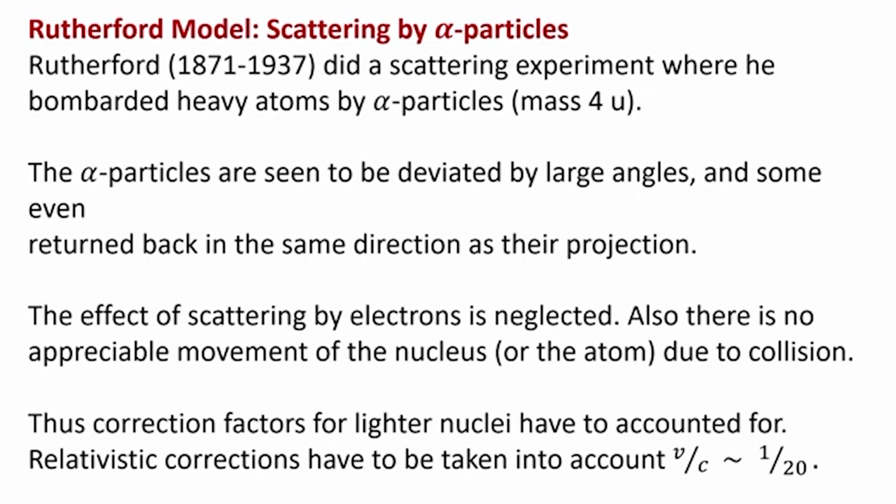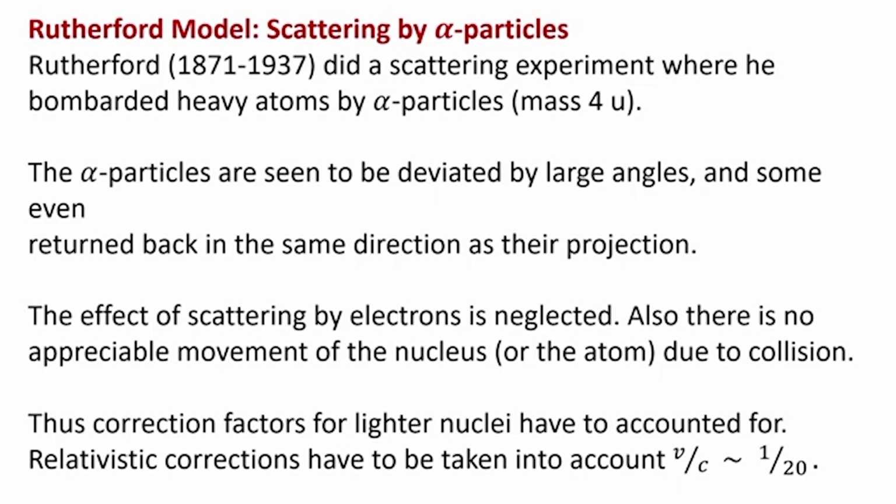That is how he tried to visualize the structure inside an atom, and this is what the main discovery is all about. In that experiment, the effect of scattering by electrons is neglected. They may have some effect, but they are not taken into account.